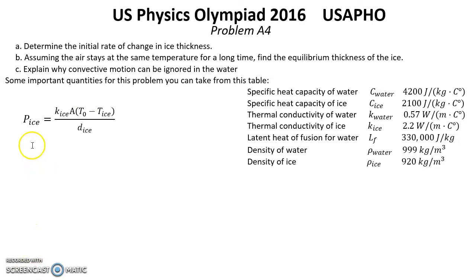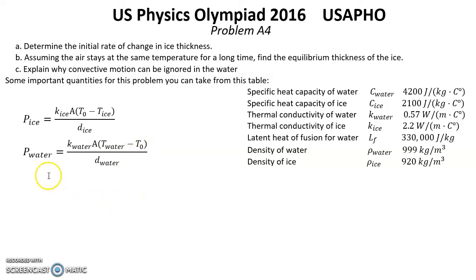So first we have P ice, which is going from this border between ice and water, and it's going up, and T0, that's 0 degrees, and T ice is -10, and this is the total power. And the other power is going from the bottom of water to the border between water and ice, and that's equal to this expression. Here we have T water equal +4 degrees, and T0 again 0 degrees Celsius.